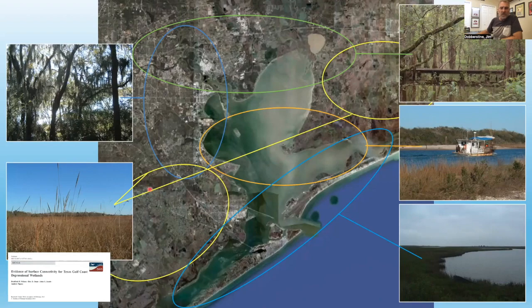Just going in a little ways from Galveston Island, you have yet again a different set of wetlands. And while my blue oval here doesn't extend, you'll actually find these low coastal wetlands extending way up into Galveston Bay.